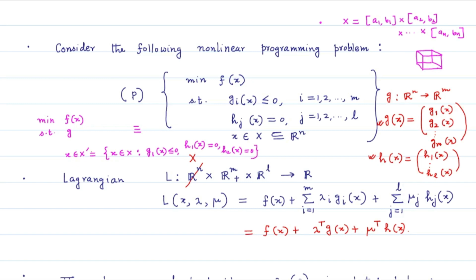Let us define X dash as this set. Then we take the problem P equivalently as minimization of f(x) subject to g2(x), g3(x) till gm(x) less than or equal to 0.